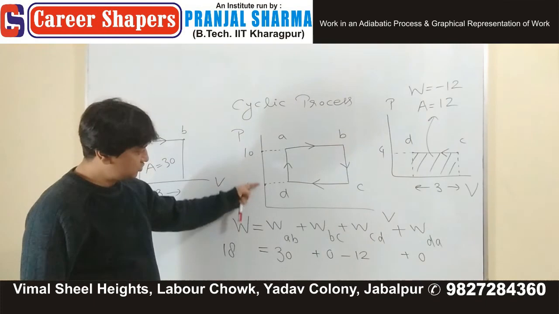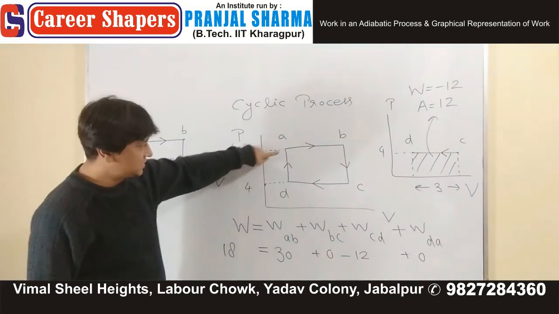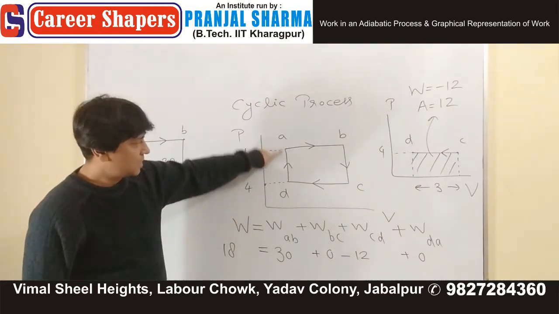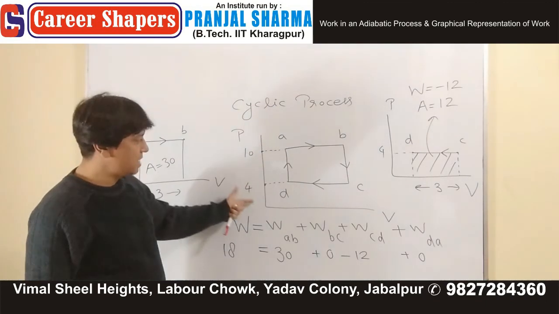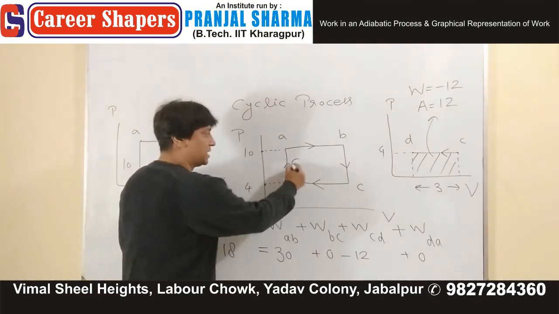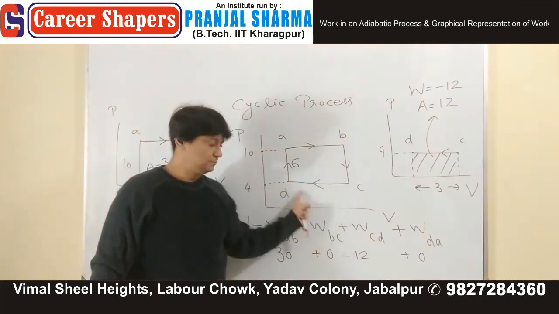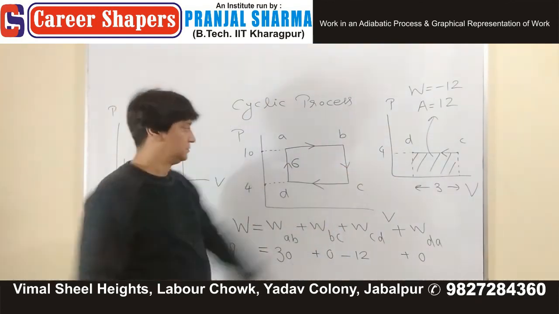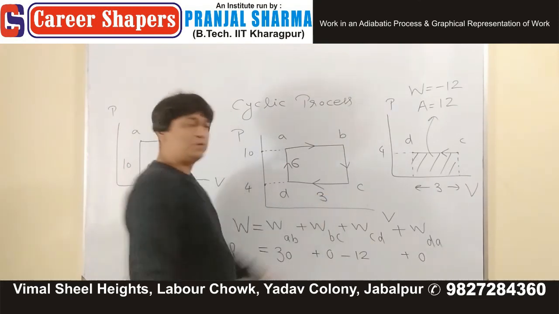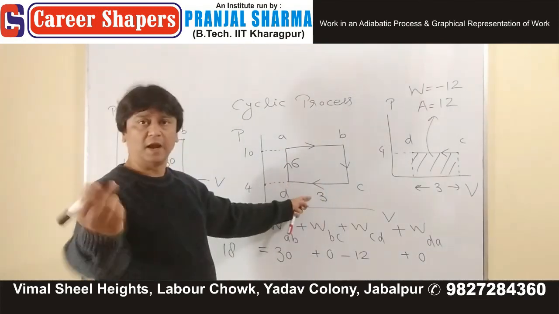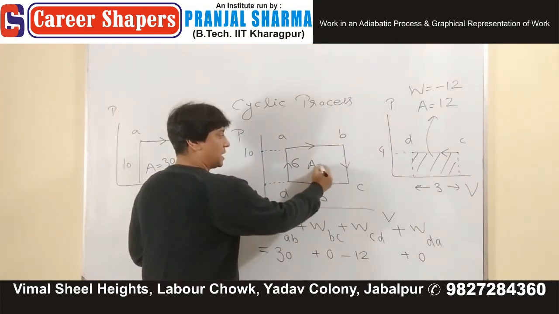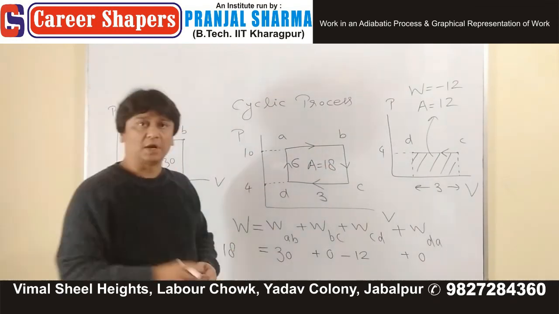What is this much? 4. So what is this length? Height of the rectangle. 10 minus 4. Height of the rectangle is what? 6. What is the base? 3. So what is the area? 6, 3, 18. Area is coming what? 18.